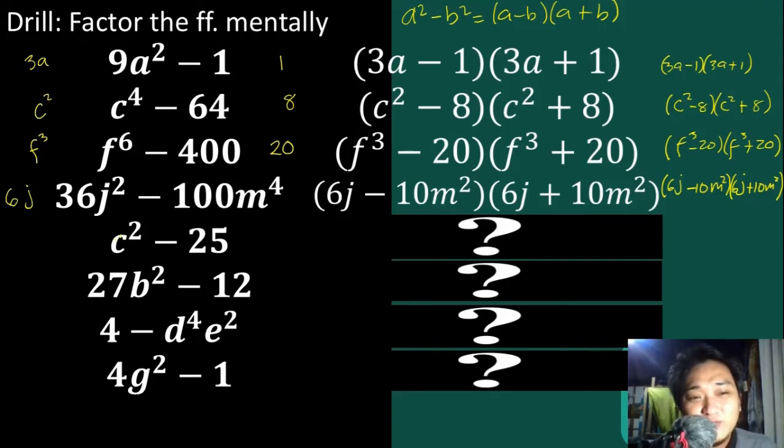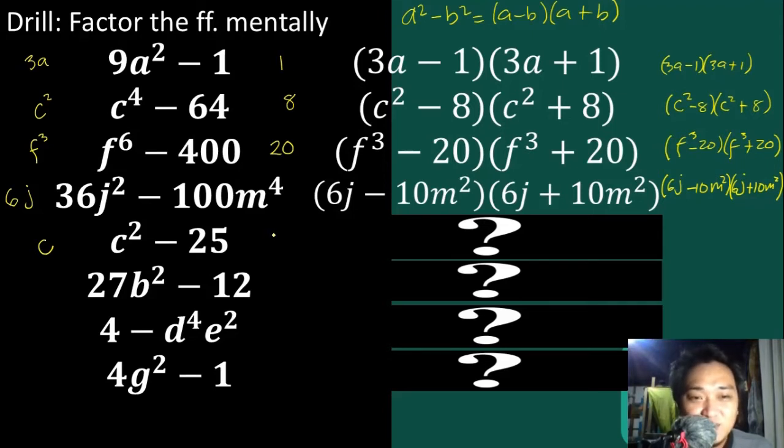Ano kaya yung square root ni c squared? Ang square root ni c squared is c. Bakit c na lang? That is c raised to 1. No need to write 1. Kasi 2 divided by 2 is 1. So, c raised to 1 or c. What would be the square root of 25?